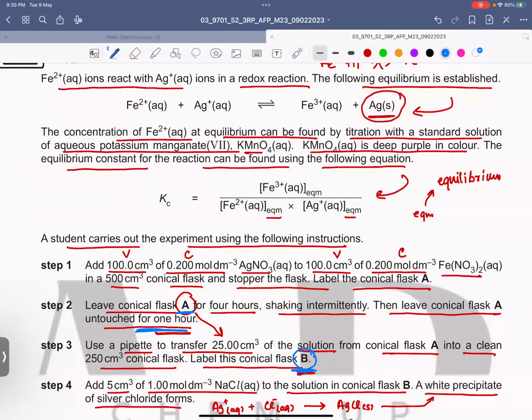So if we are shaking it, that shaking is for the purpose that we want to reach the equilibrium as soon as possible. Is this clear now? Yes, sir.